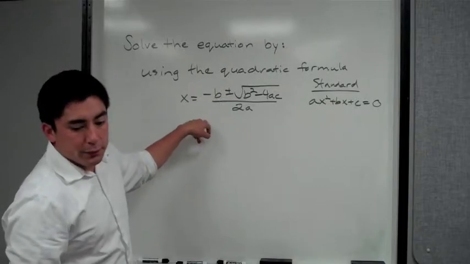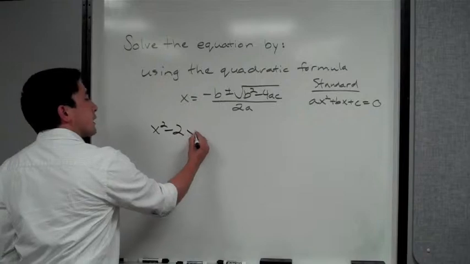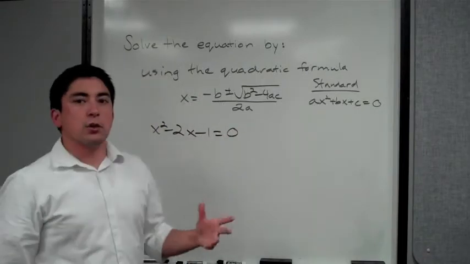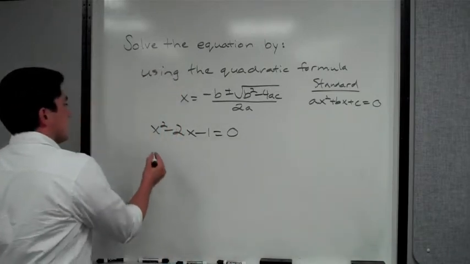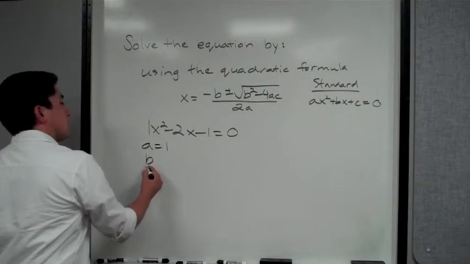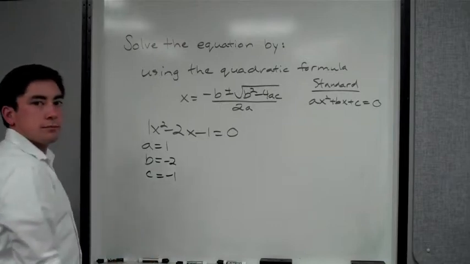So, for this problem we were given x squared minus 2x minus 1 equals 0. So, when you have to use the quadratic formula, you want to establish a, b, and c. So again, there's this invisible 1 here. A is equal to 1, b is equal to negative 2, c is equal to negative 1.